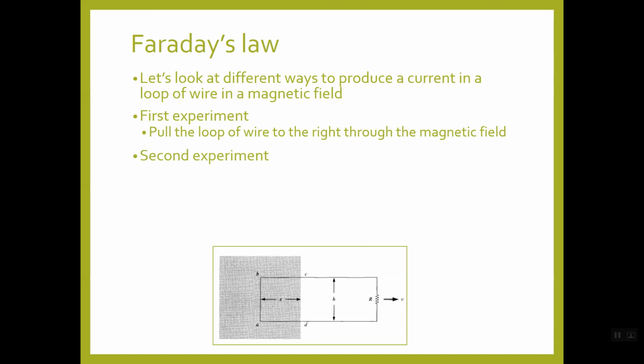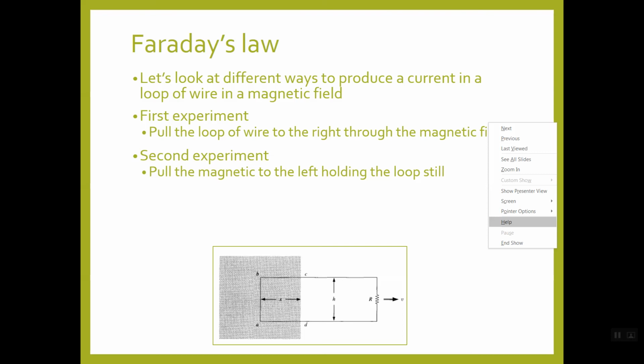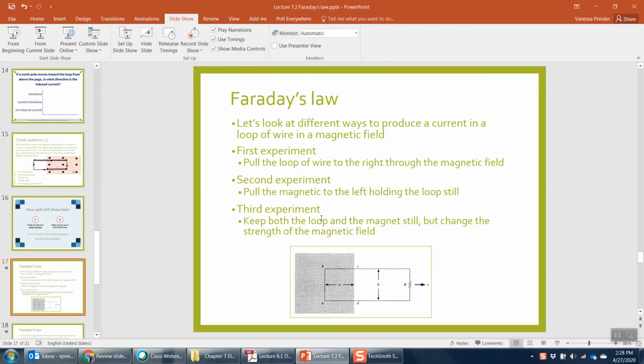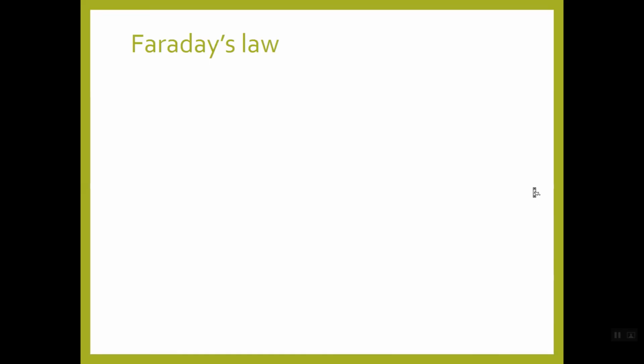A second way we could do it, we could pull the magnetic field or the magnet to the left while keeping the loop still. So pull the magnet to the left while keeping the loop still.